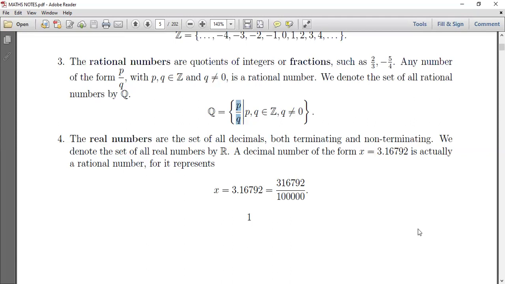The difference now is that when you express rational numbers in decimal form, one of two things happens. Either the decimal ends somewhere, like half, which is 0,5, or 3 over 4, which is 0,75. So it's ending, and we call that a terminating decimal.